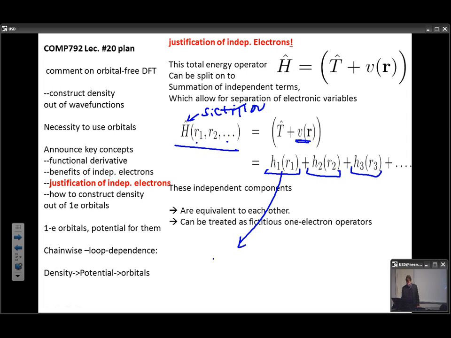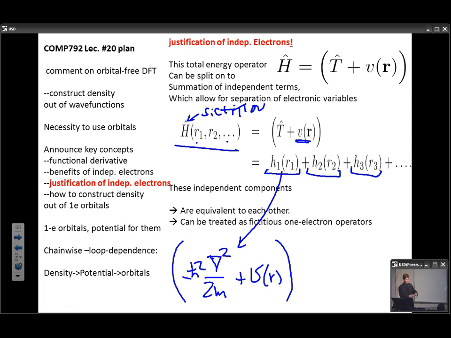And then these little Hamiltonians look like kinetic energy plus this potential, and they can be used as a tool to set up some lower order eigenvalue problems to find some one-electron orbitals, which again, all this is not real. This is an auxiliary tool. So they can be used to find one-electron orbitals.